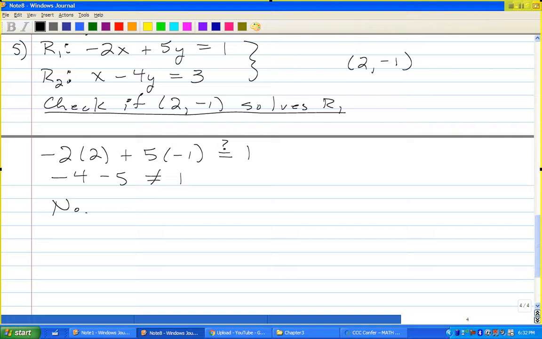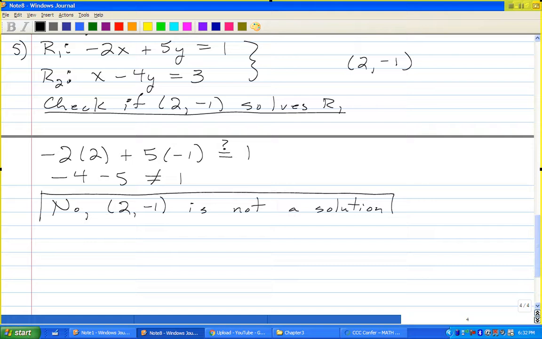So no, (2, -1) is not a solution. It has to solve both equations. Since it doesn't solve one of them, then it's not a solution to both of them.